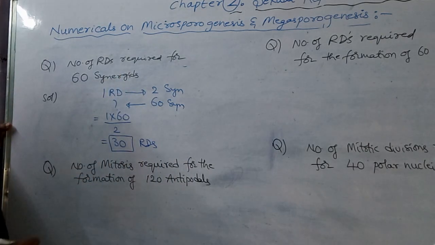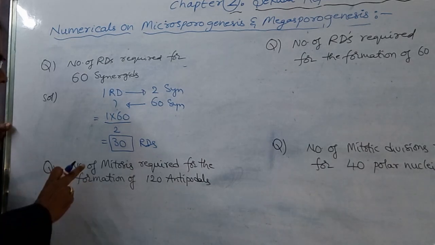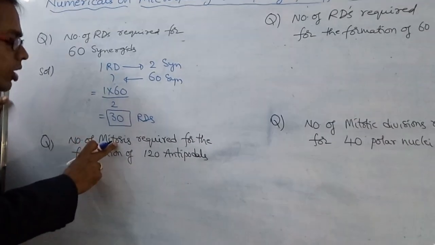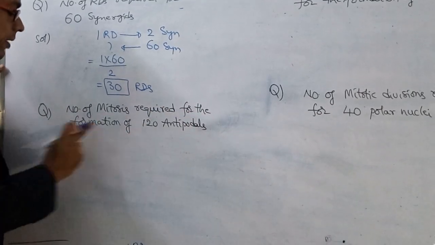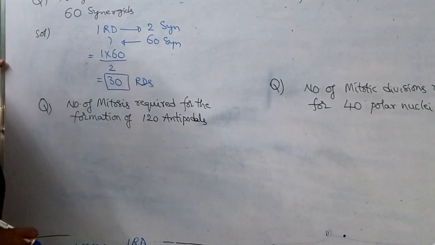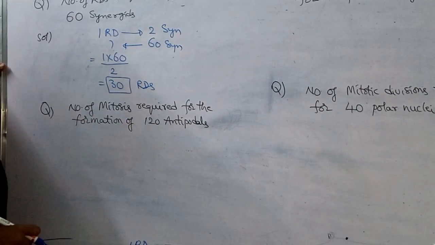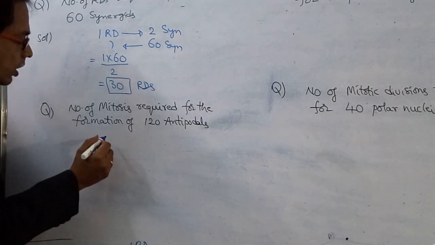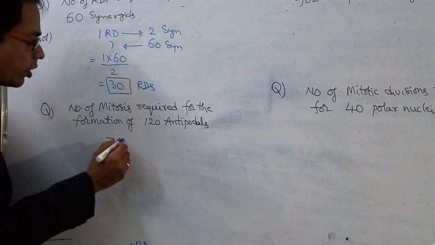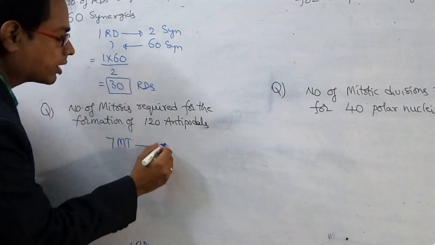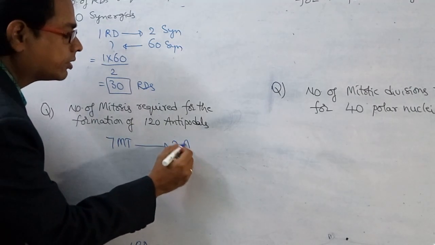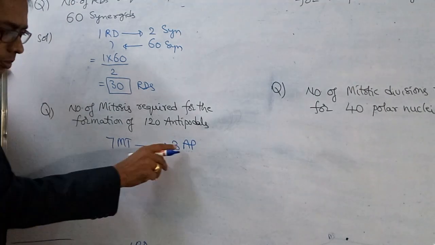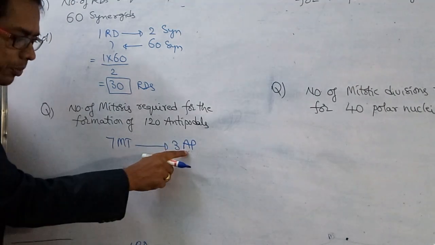Next, another question. Number of mitosis required for the formation of 120 antipodals. In the embryo sac, how many antipodals are present? 3 antipodals, isn't it? So 7 mitoses are required for the formation of 3 antipodals. I am writing antipodals as AP.